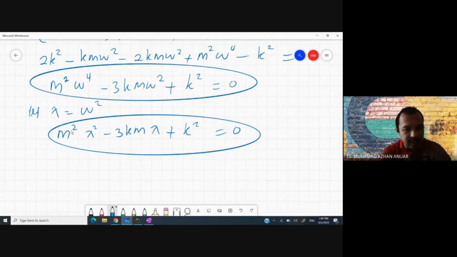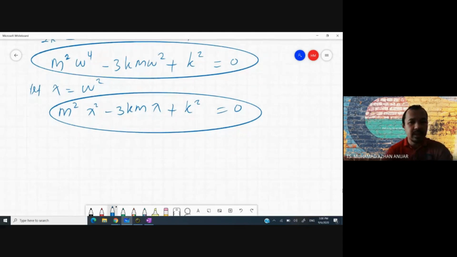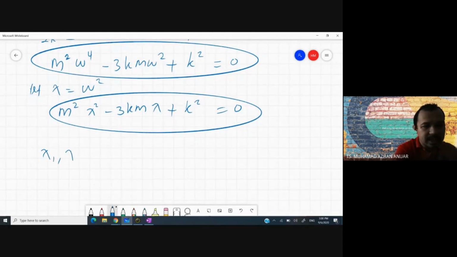If you have real values for m, 3km and k, it's easy to use the calculator with the quadratic equation to get roots 1 and roots 2. But if you have unknown parameters like this, you can determine lambda 1 and lambda 2 using the mathematical expression.